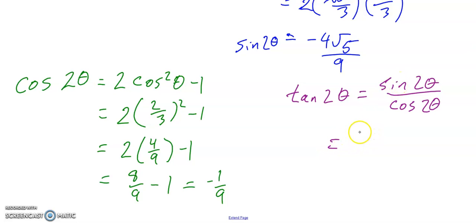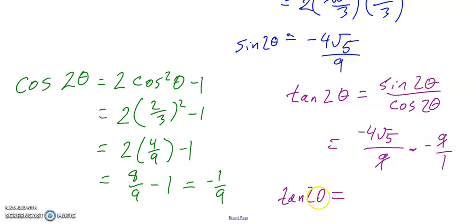So sine is going to be negative 4 radical 5 over 9. Dividing with fractions means multiply by the reciprocal. The 9s are going to cancel out. A negative times a negative is a positive. So the tangent of 2 theta equals 4 radical 5.